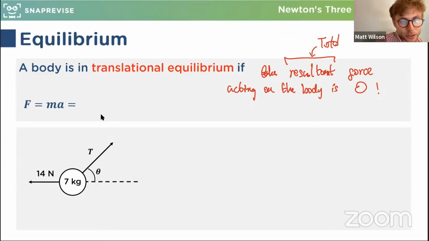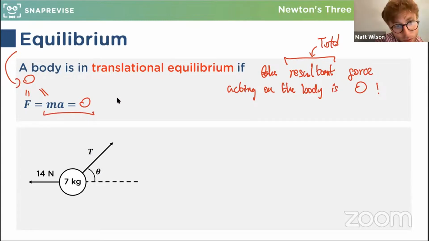Okay, now let's remember Newton's second law. Newton's second law said F equals ma, but if the total force is zero, in other words, if we're in equilibrium, then that tells us that the mass times acceleration must also be equal to zero. So let's write that here. In equilibrium, the mass times acceleration is zero.